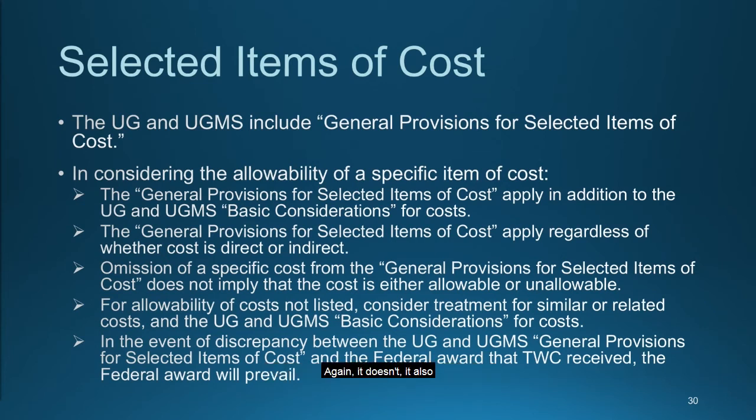Again, it doesn't matter whether it's a direct or indirect cost. When it talks about selected items, it doesn't really affect allowability, except where it specifically speaks to that distinction. Equipment is another example. Equipment ordinarily is only allowable as a direct cost, and even then requires prior approval.